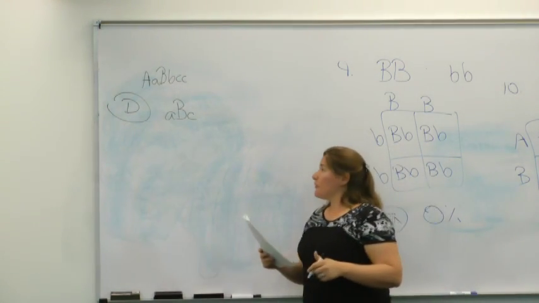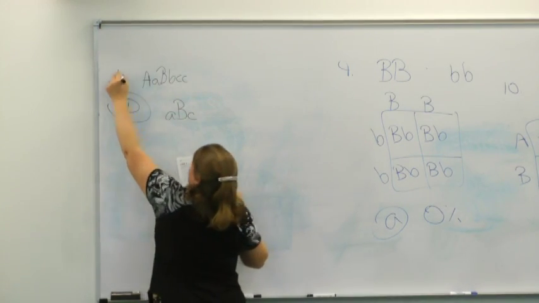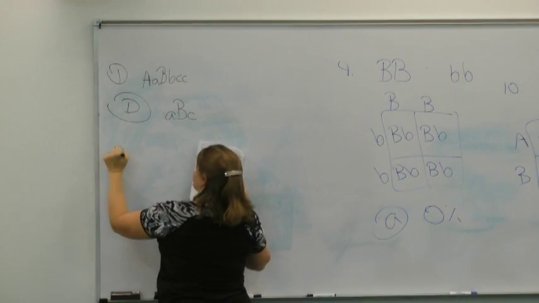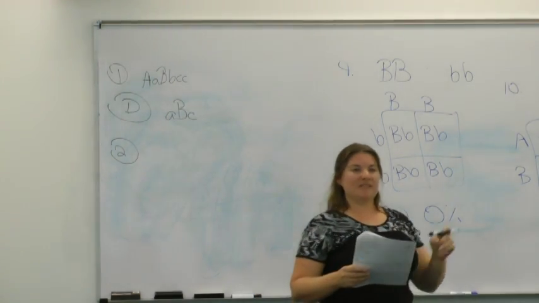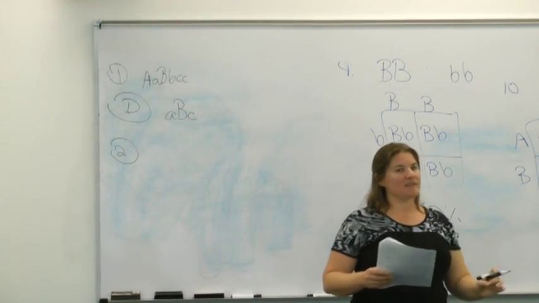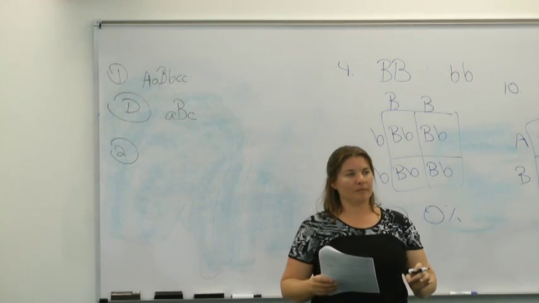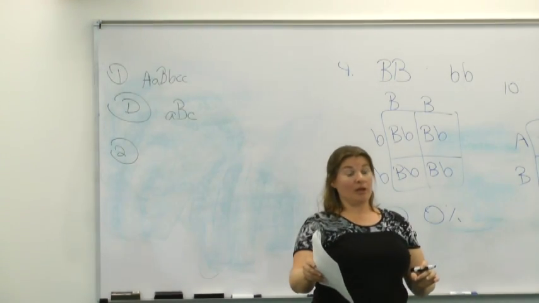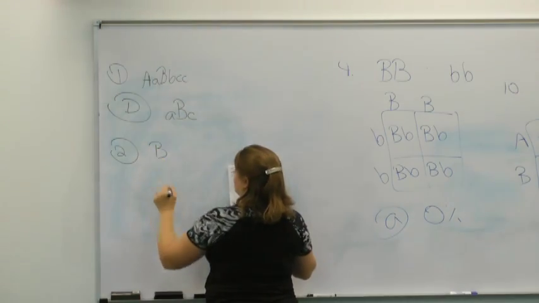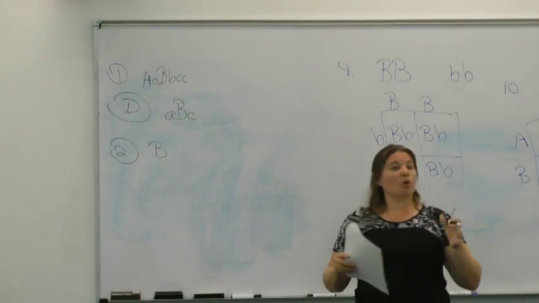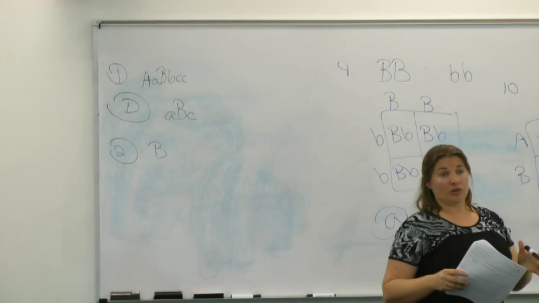Number 2, be careful about the wording here. Okay, so this was number 1 on the sheet. This is number 2. The phenotype of an organism is determined by its, what determines the phenotype? The genotype, okay? A lot of you guys may have jumped right to appearance, but if the question was worded a bit differently, the answer could have been appearance.